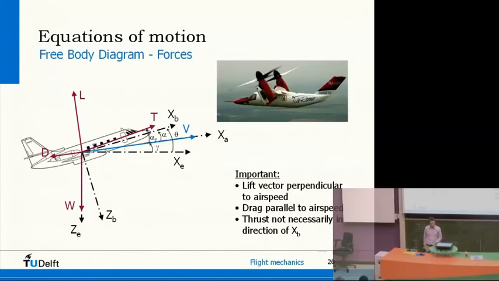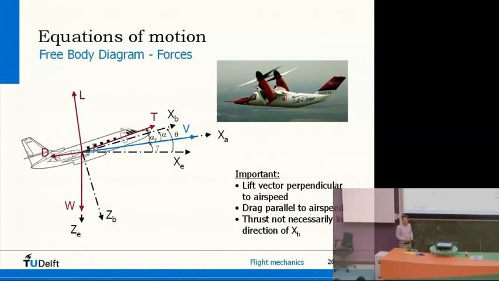Just to give you a simple example, I don't know if you know this aircraft, but this is a tilt rotor aircraft, so it's kind of a mix between a helicopter and a propeller aircraft. But these big rotors, they can point upwards and forwards. But you can see straight away that in this case, the thrust vector may be in a completely different direction than the airspeed vector.